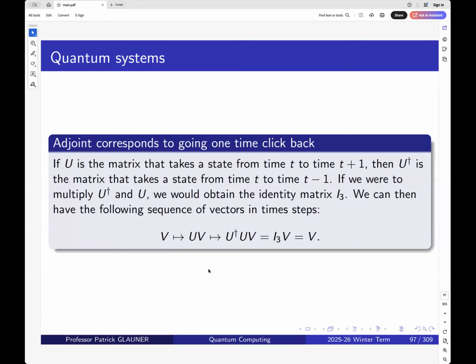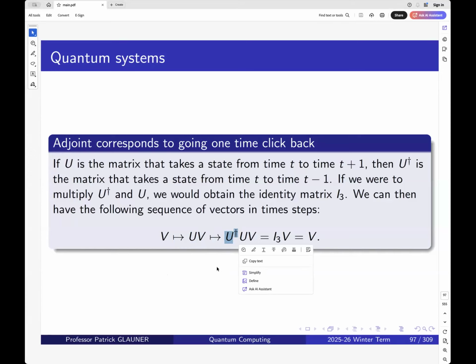Now, with the unitary matrices, we can do something quite similar. I have evolved by taking my state V and multiplying it with U. And I could undo this by multiplying from the left with U dagger, the adjoint of this unitary matrix, which we just saw: we have the conjugate of each entry in the adjoint and the transpose.